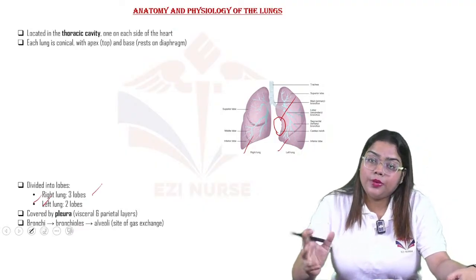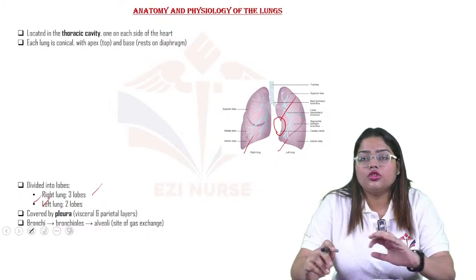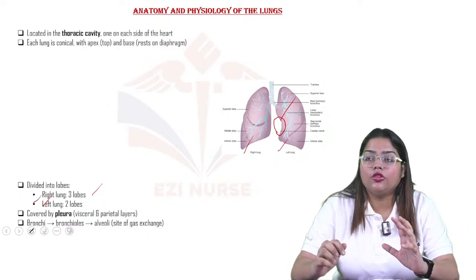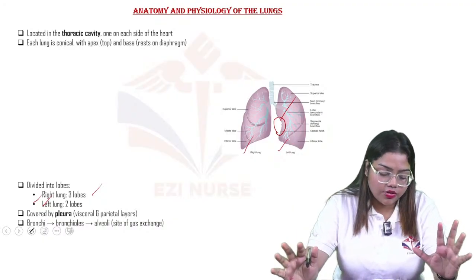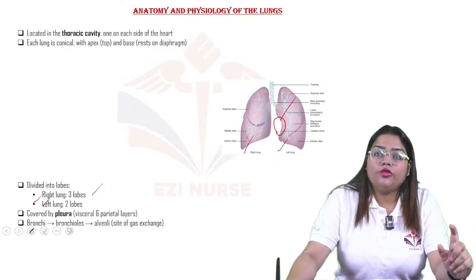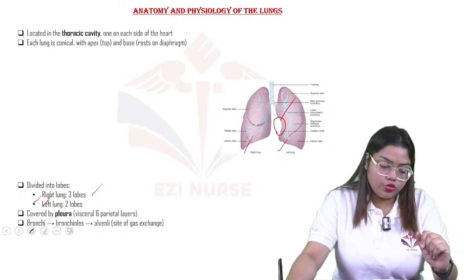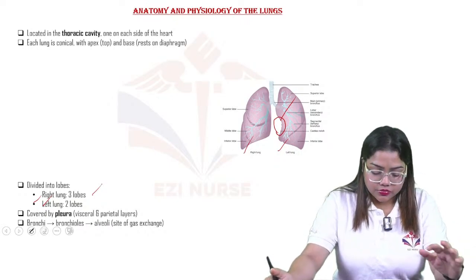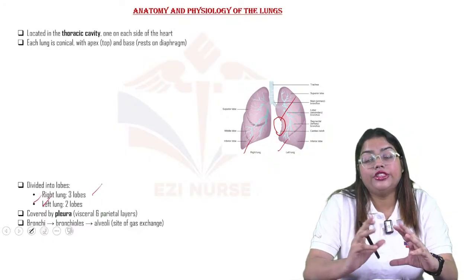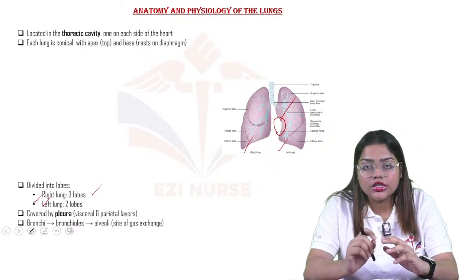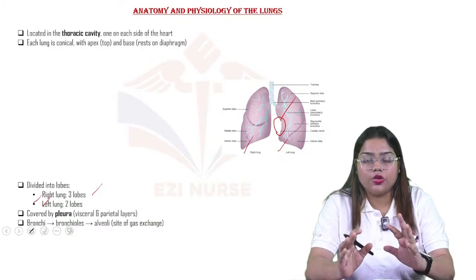It is covered by pleura. As we know, most major organs are covered by some layers. The lung is covered by the pleura, which contains 2 layers, visceral and parietal. Now the lungs have their units. The smallest unit of the lung is the alveoli.